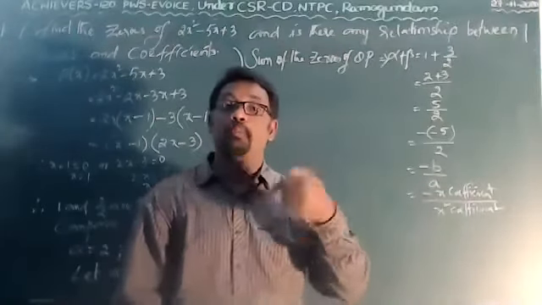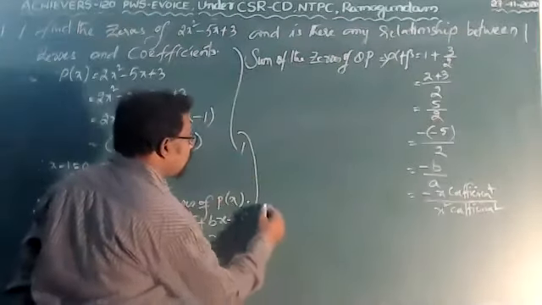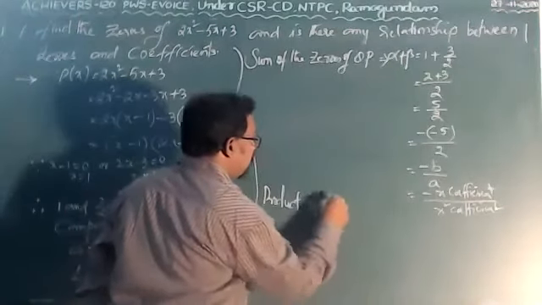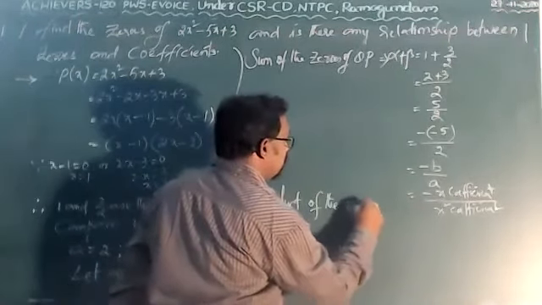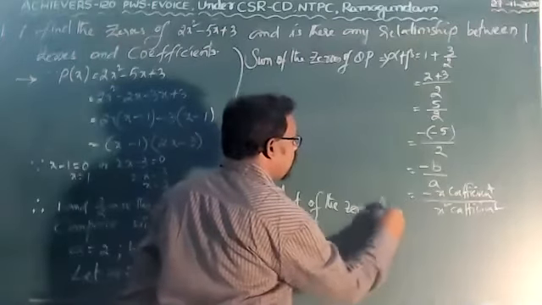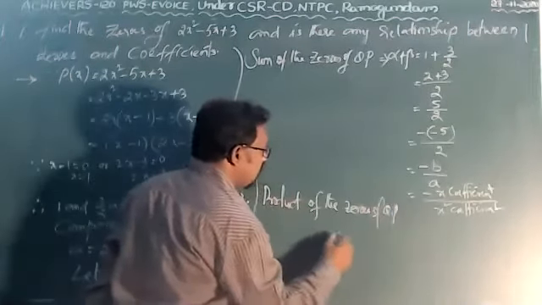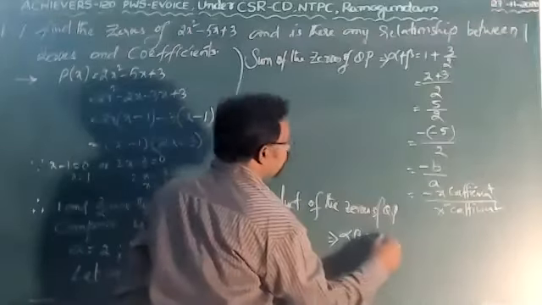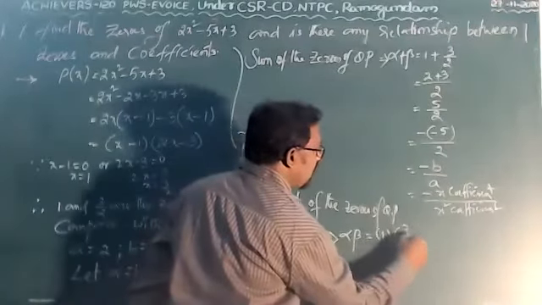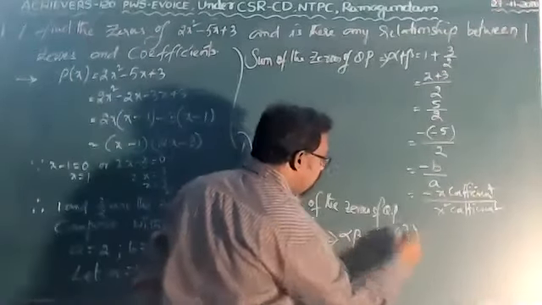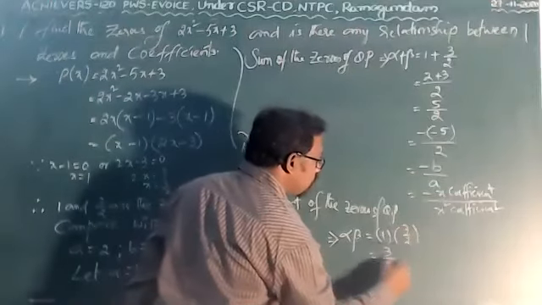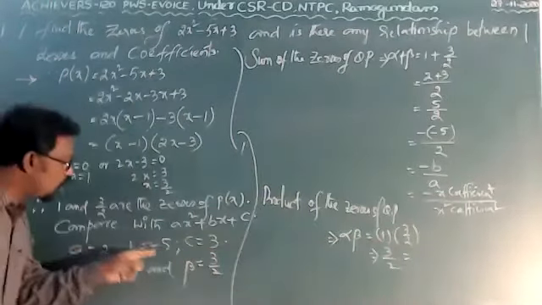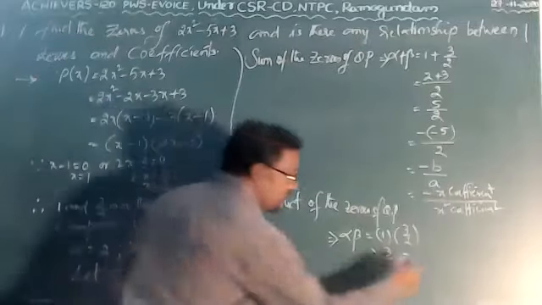Same like that, the product of the zeros of the quadratic polynomial we also have to find. Alpha into beta. What is alpha? 1 is alpha. What is beta? 3 by 2. 1 into 3, 3, and 2 will be there. What is 3 in the coefficients? c.